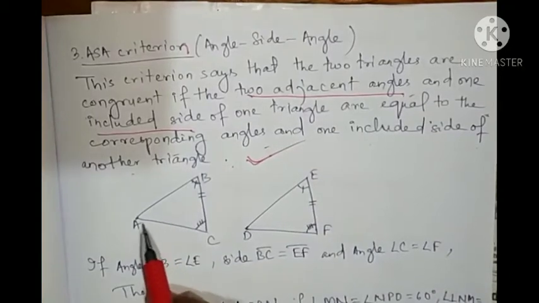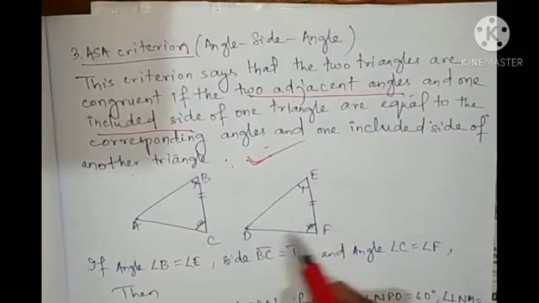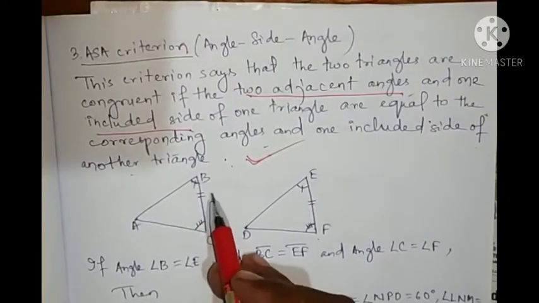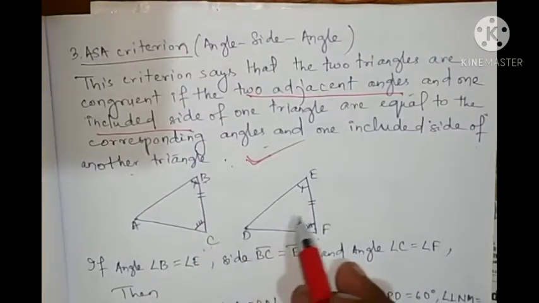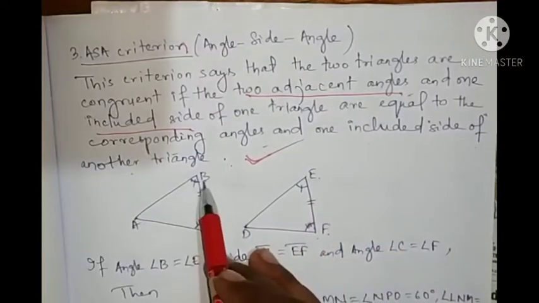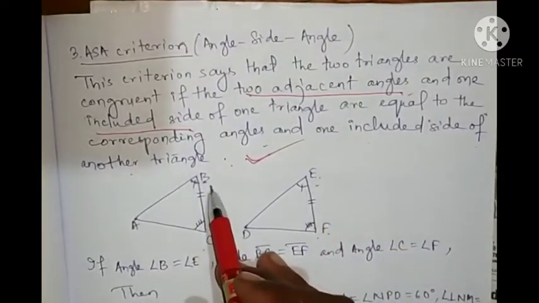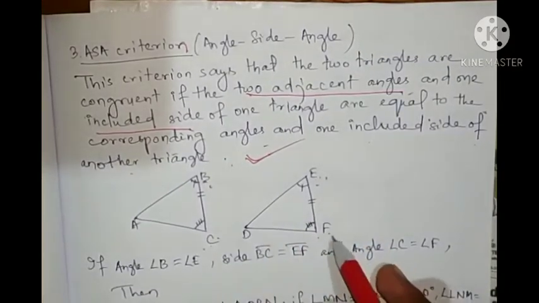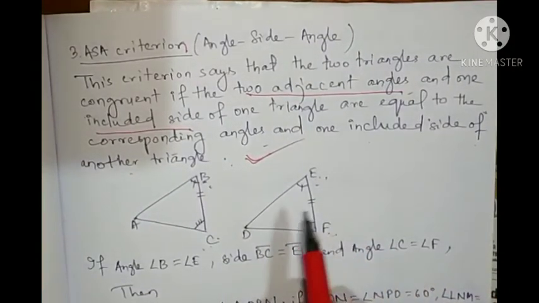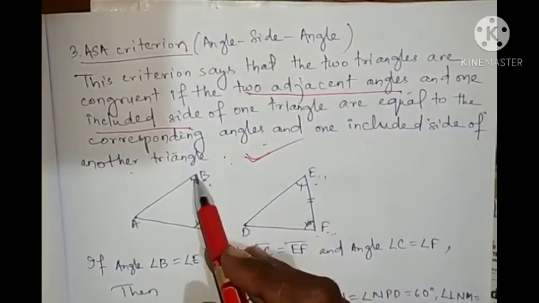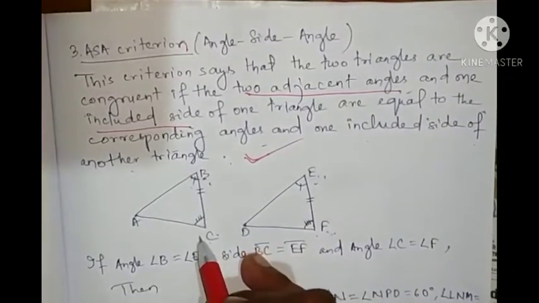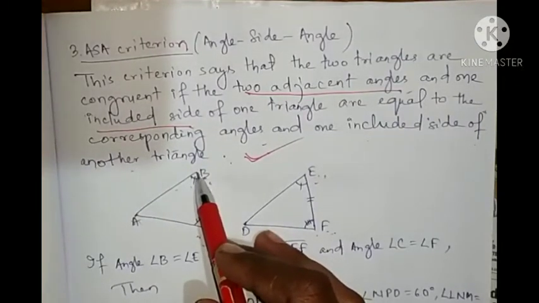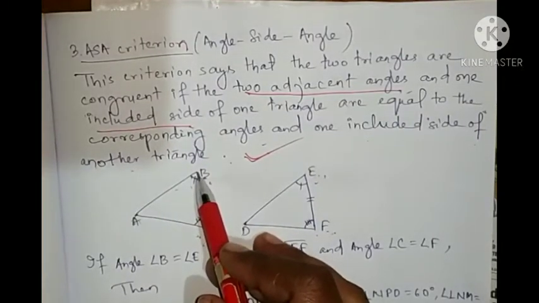Okay, so here triangle ABC and triangle DEF, two adjacent angles, that is B and C, are equal to E and F, means angle B is equal to corresponding angle E, and angle C is equal to angle F, and one included side. Included side means the side between two angles. Okay, not this side, this side. The side between the two corresponding angles.